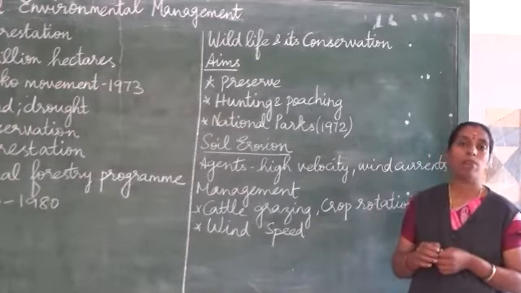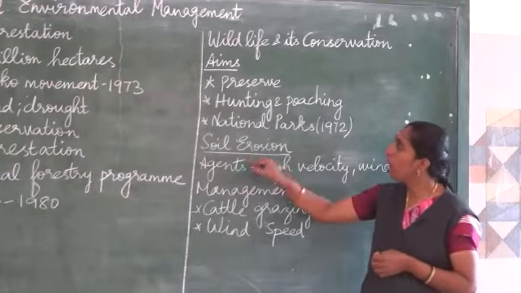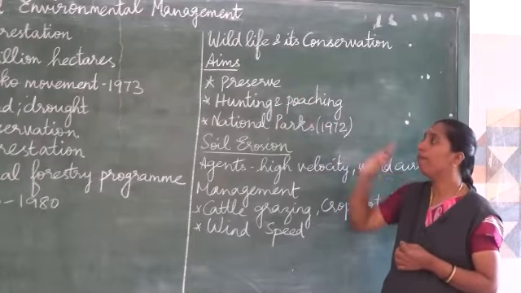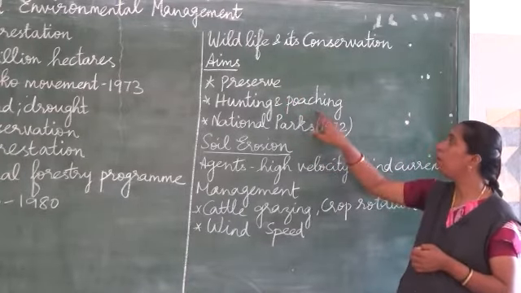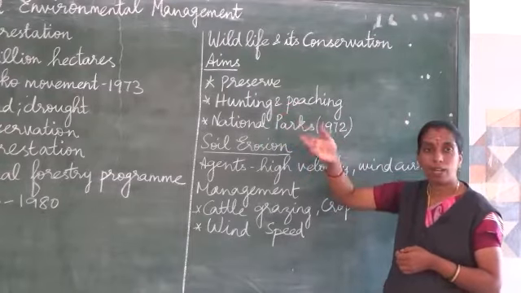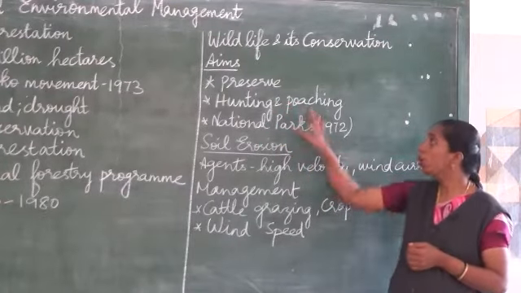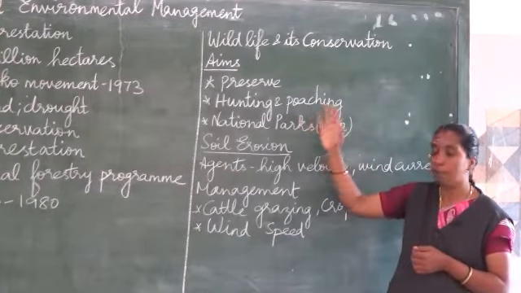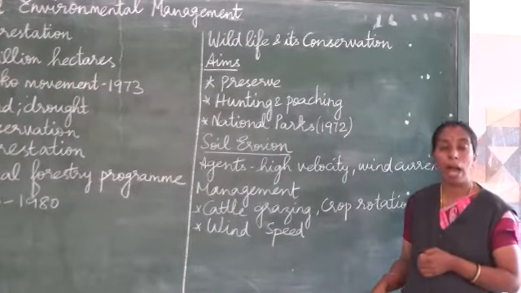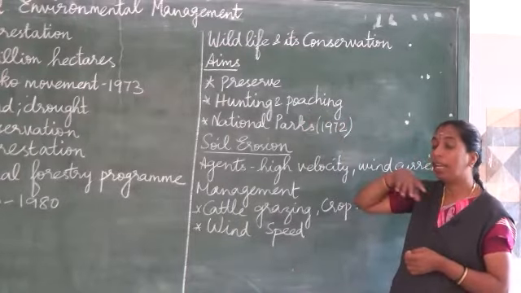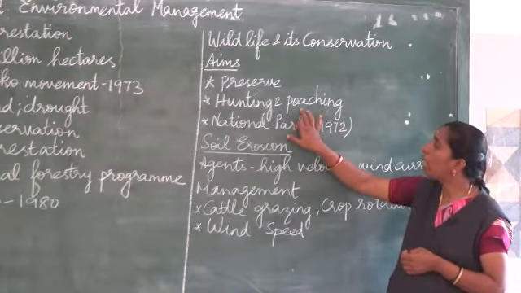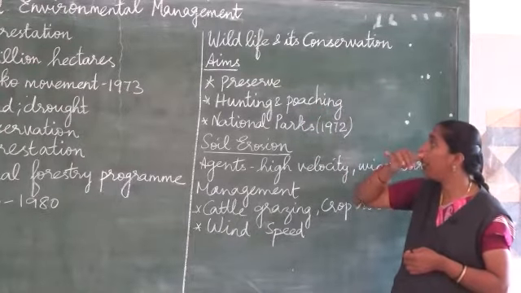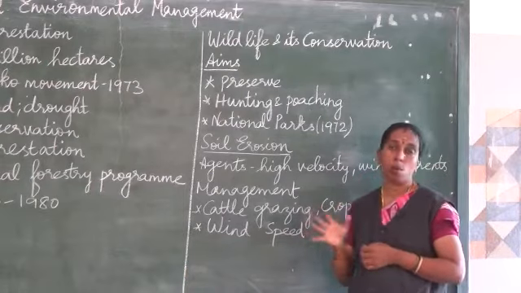Another aim is stopping hunting and poaching. Poaching is also hunting, but doing it illegally without getting any permission. Poaching of animals should be completely avoided.